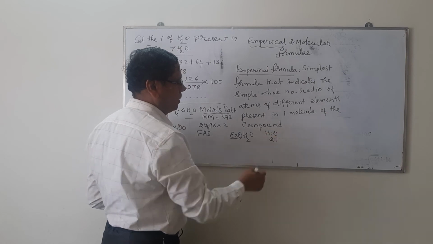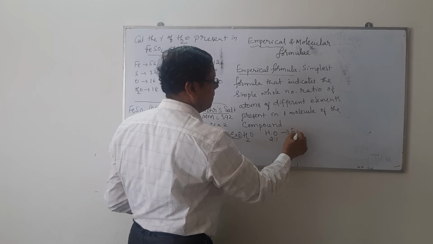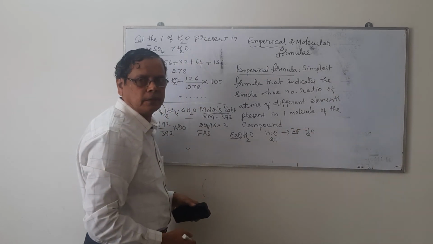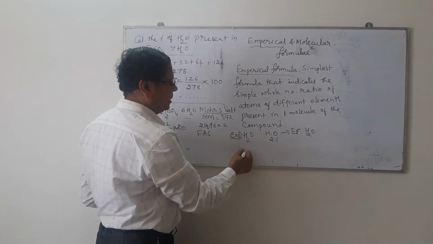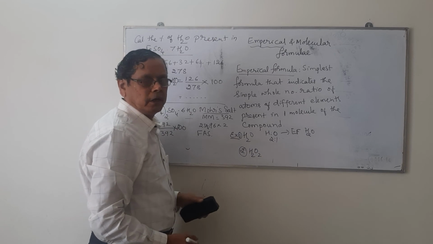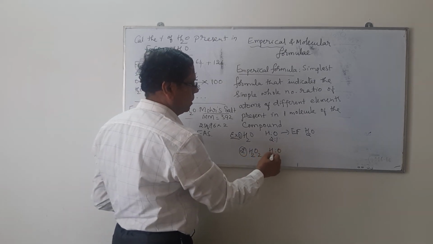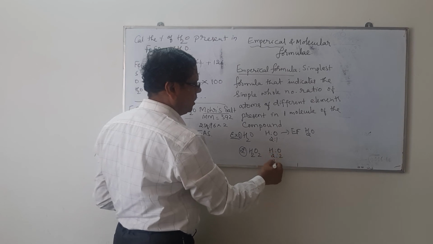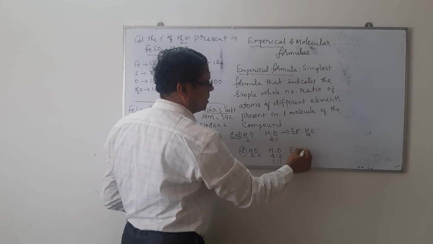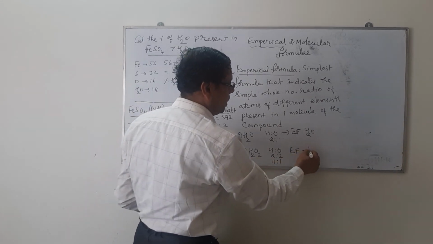Therefore, this itself is the empirical formula. The empirical formula of water is H2O. Suppose you take H2O2. Hydrogen and oxygen are present in the ratio 2:2 or 1:1. Therefore, the empirical formula for H2O2, hydrogen peroxide, is HO.